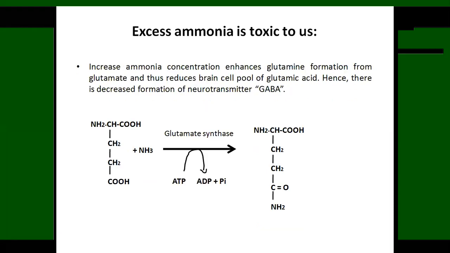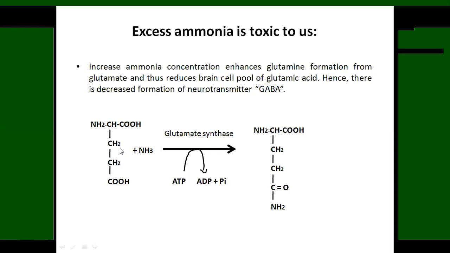Now, if you have more ammonia, at that time what will happen? Glutamine will be formed. Ammonia will join with glutamic acid, and you will produce glutamine. And the name of the enzyme is glutamine synthetase. Okay, and at that time you will have a shortage of glutamic acid.